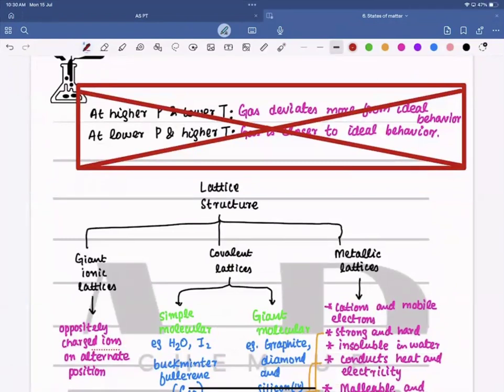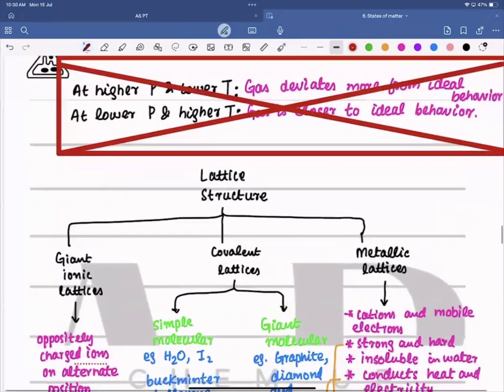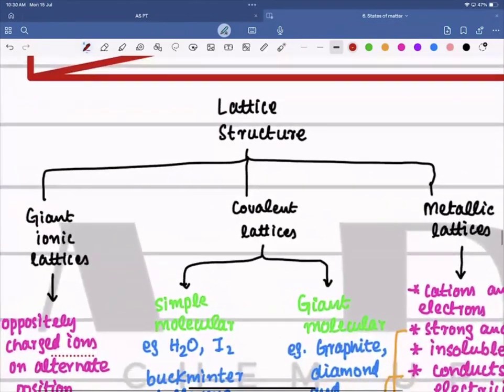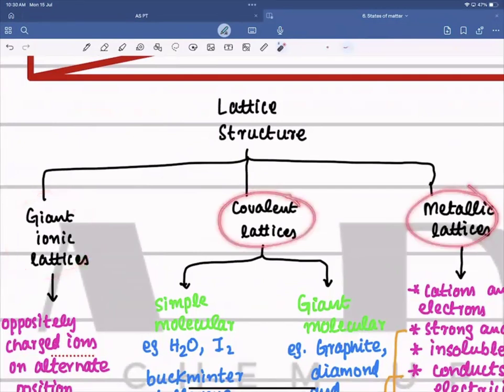When we talk about lattices, we initially categorize lattice structures into three types, based on the type of bonding they have: the giant ionic lattices, covalent lattices, and the metallic lattices, right?